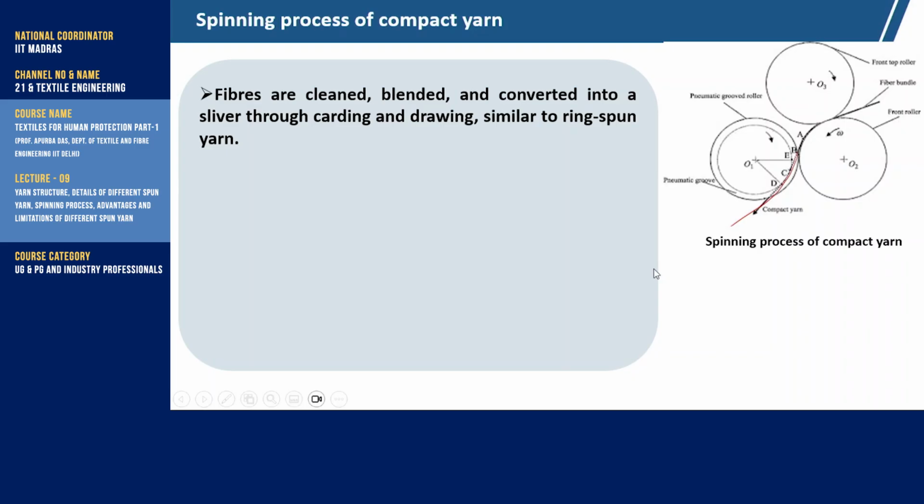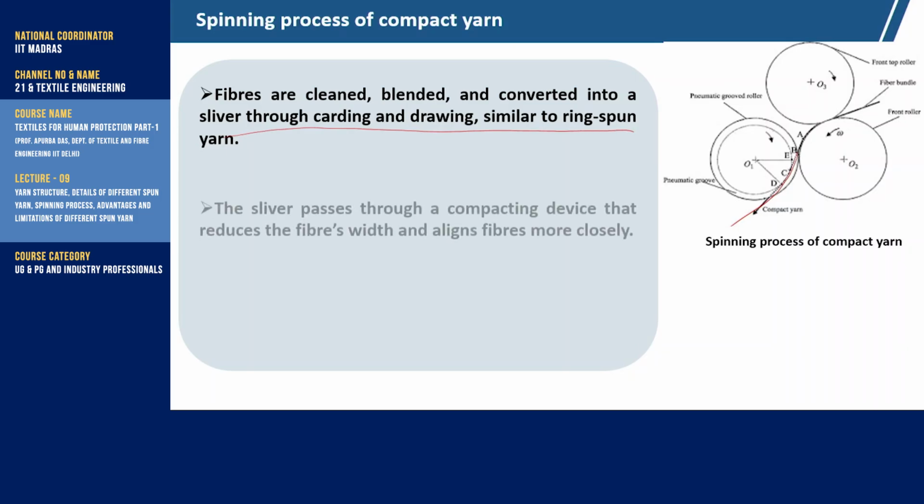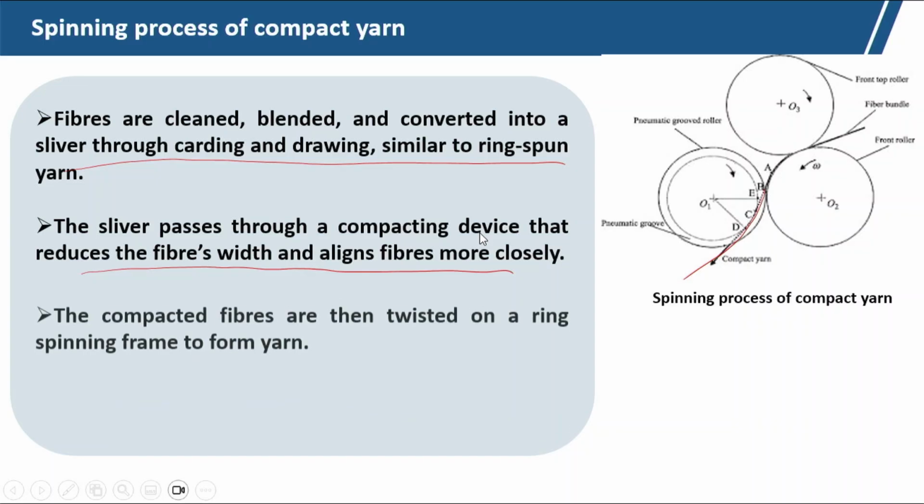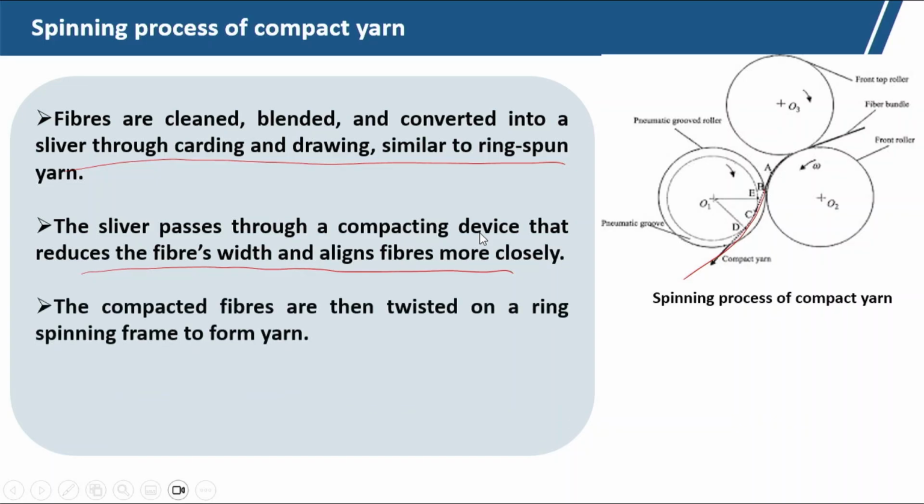The fibers are cleaned, blended and converted into sliver through carding, drawing and similar to the ring spinning process. The sliver passes through the compacting device, which reduces the fiber width and aligns more. Here basically it is the drafted web, not the sliver.